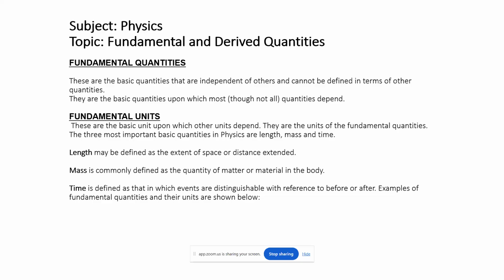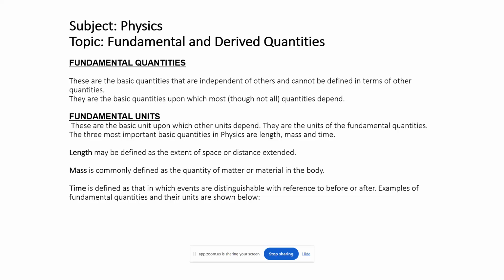Now, God Himself is fundamental because He has been in existence before every other thing was in existence. So I want you to treat these fundamental quantities as quantities that are already existing and independent of other quantities around. So they have been in existence before other quantities.